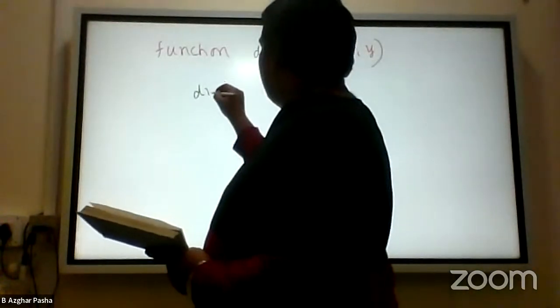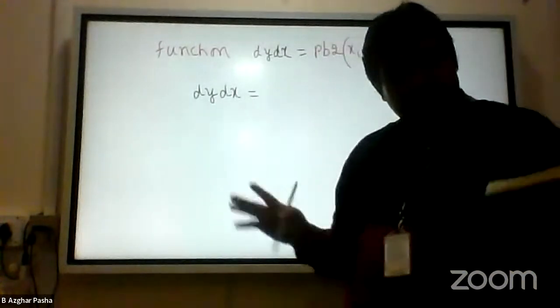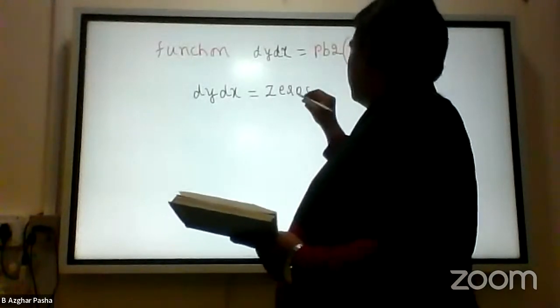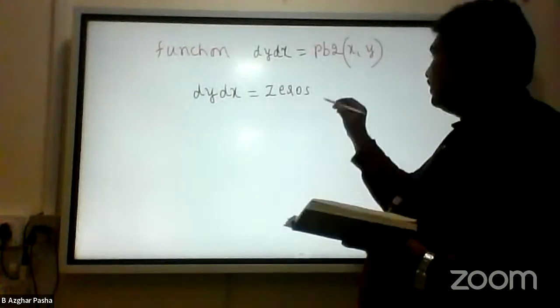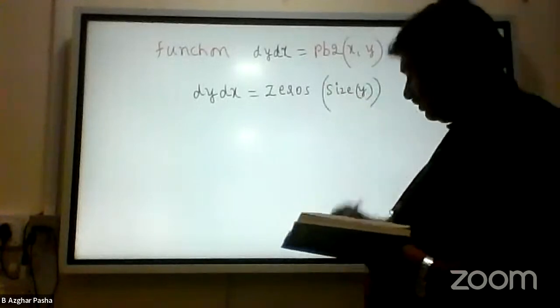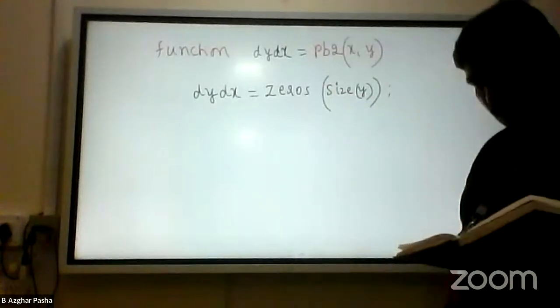So I'll initialize the values dy by dx; initially let it be all zeros. But I should know the order or size of dy by dx. Size of dy by dx is same as size of y. Okay, I'm initializing dy by dx equal to 0.